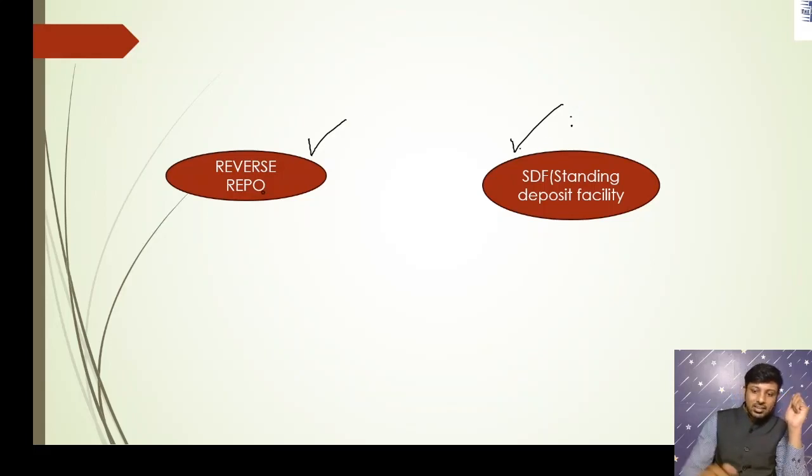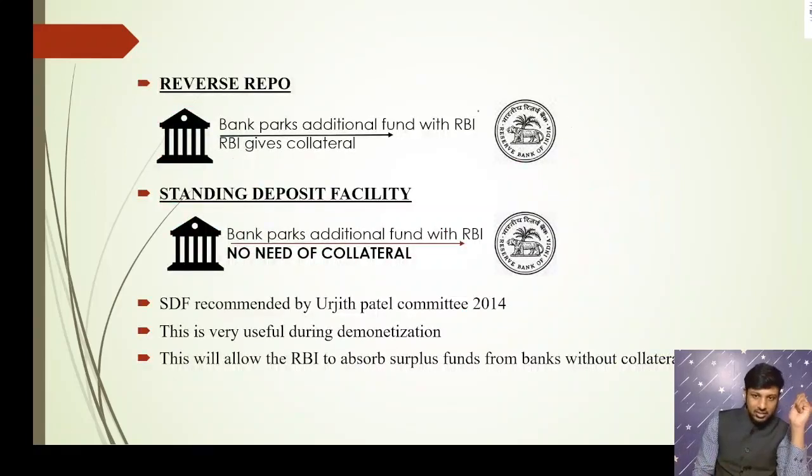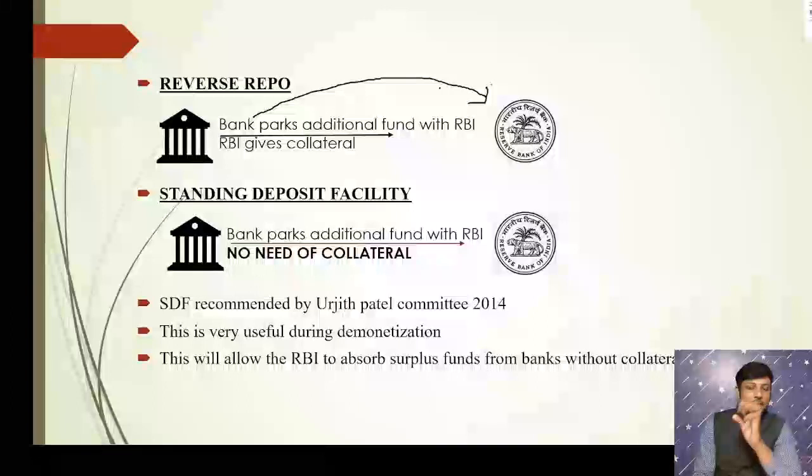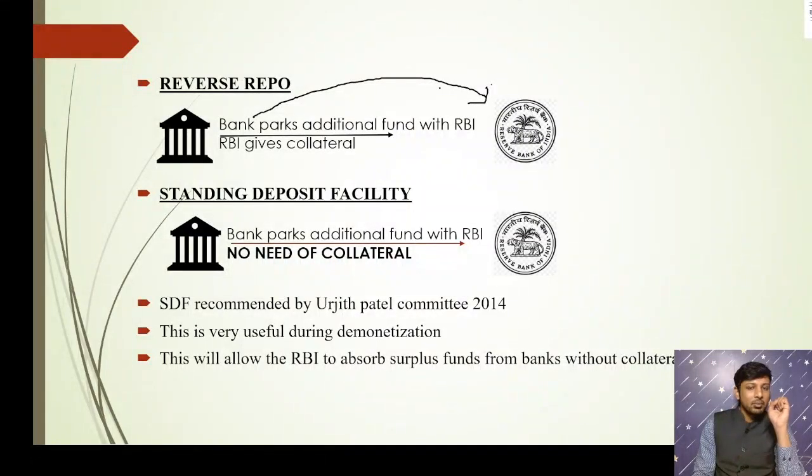Suppose the bank has an excess amount of cash. The bank can deposit this excess cash with the RBI, or park this excess fund with the RBI. Since technically the RBI is getting money from the bank, the RBI has to keep certain collateral with the bank, correct?